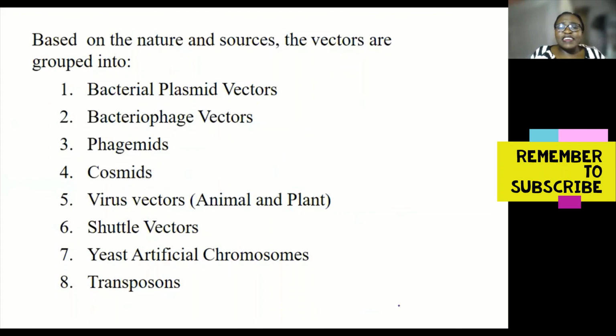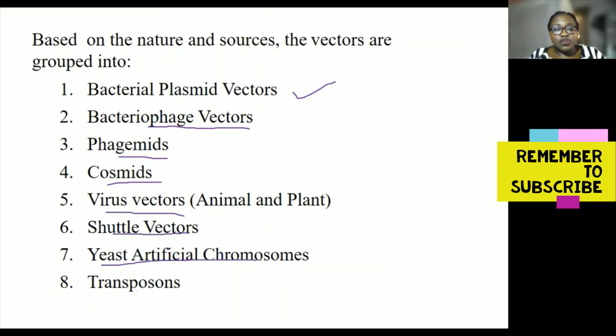Now, based on their nature and where they come from, that is their source, vectors can be grouped into bacterial plasmid vectors. We have bacteriophage vectors. We have what we call phagemids, cosmids, viral vectors, which can be animal viral vectors or plant viral vectors, shuttle vectors, yeast artificial chromosomes, and transposons.